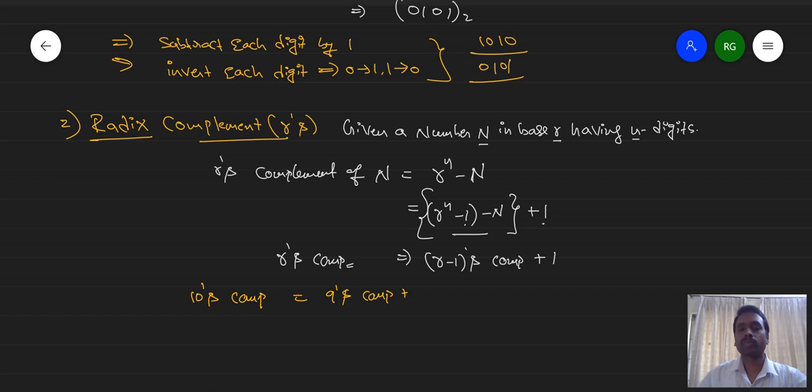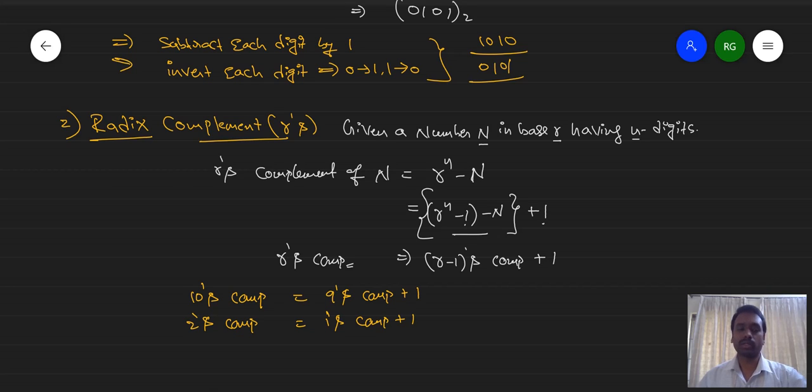If I apply it for the binary number system, that is my 2's complement, it is equal to my 1's complement plus 1. So this is how you can find it. You can find it by using the formula, that is R power n minus N, or you can find it by finding the diminished radix complement first and adding a 1 to it.